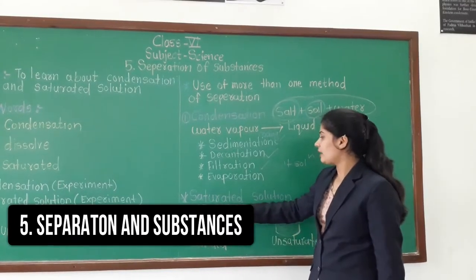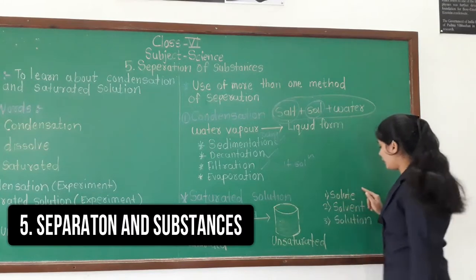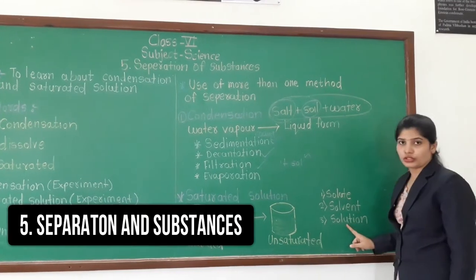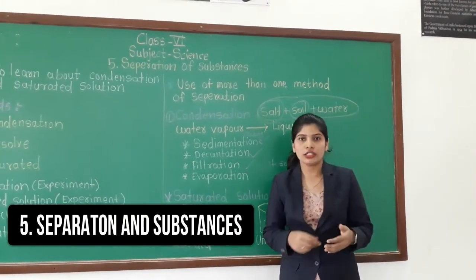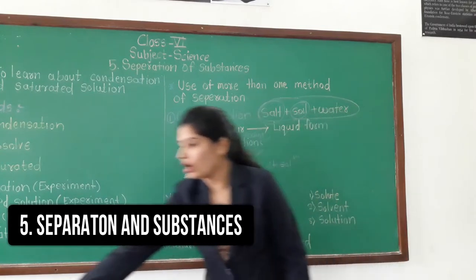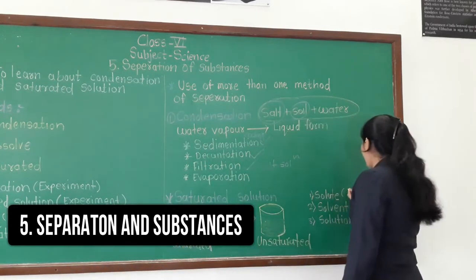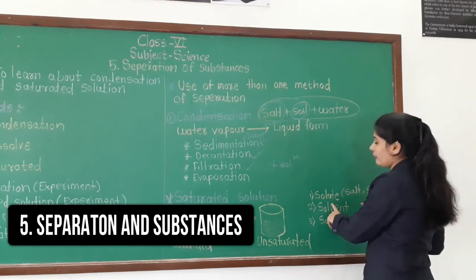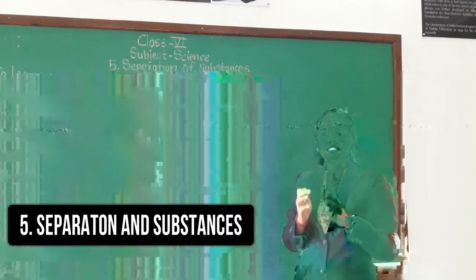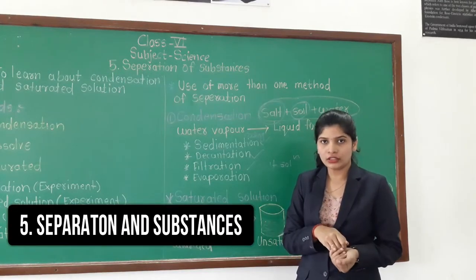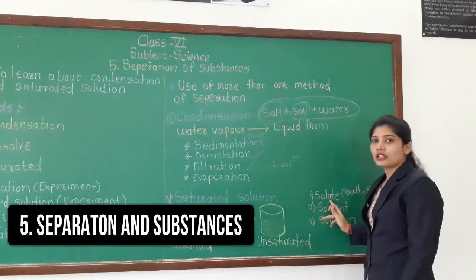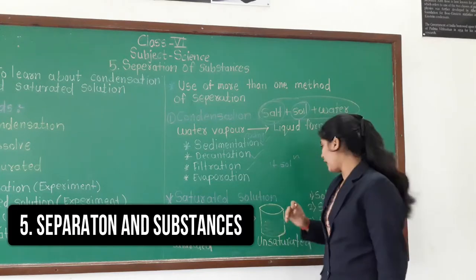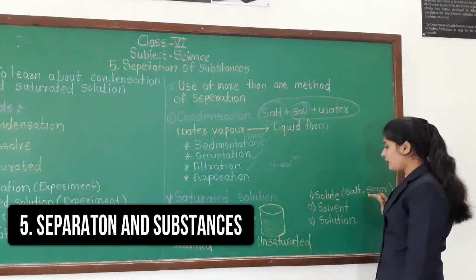Before we start on saturated solution, first we will learn three terms: solute, solvent and solution. As we know, salt and sugar dissolve in water, so salt and sugar are examples of solute. The definition of solute is: the substances dissolving in water are known as solute, for example salt and sugar.